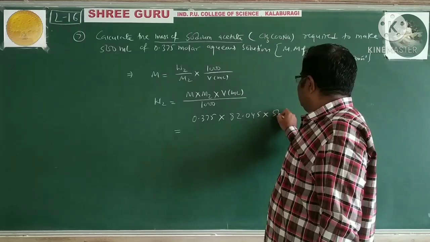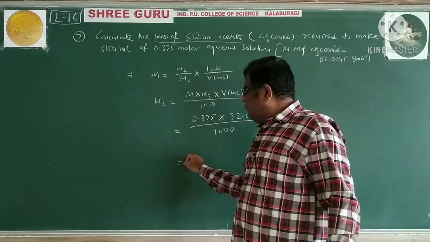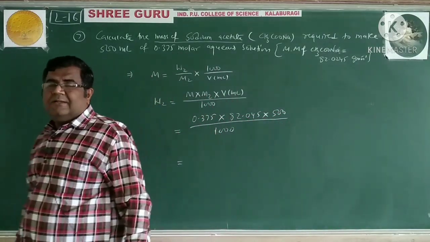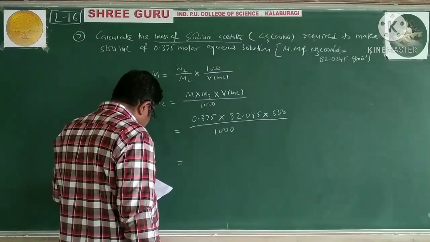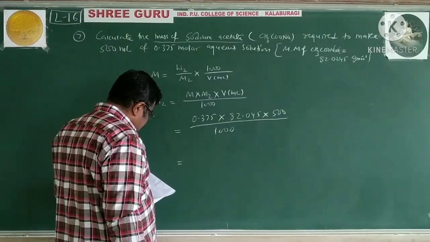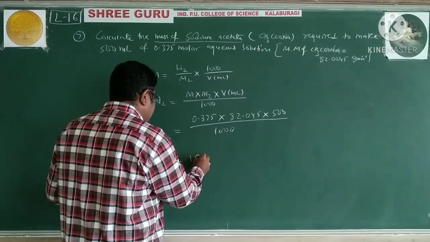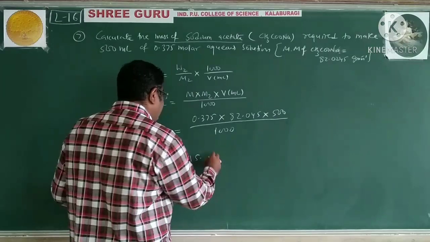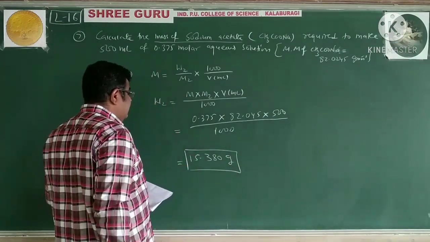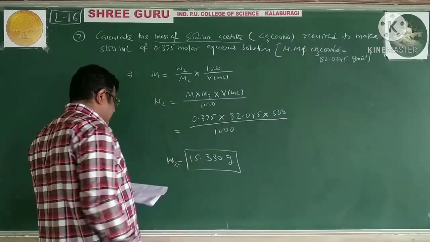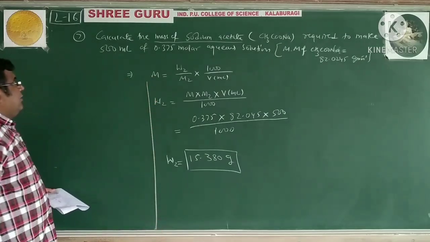Volume was 500 milliliter, and this is divided by 1000. If we simplify this, we'll get our answer, and I will write it directly instead of doing this calculation once again before you: 15.380 gram. This is the answer for this particular question, right? So this is one question.